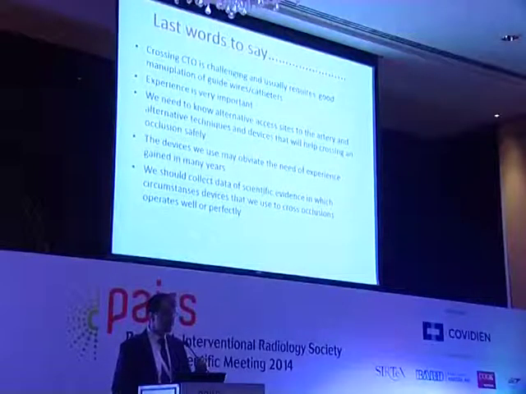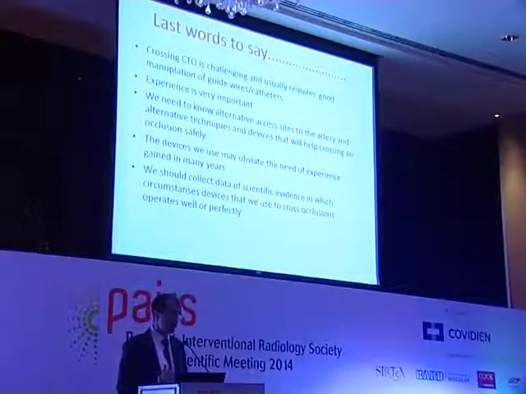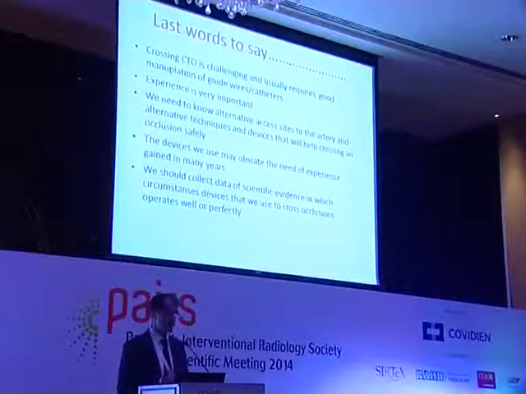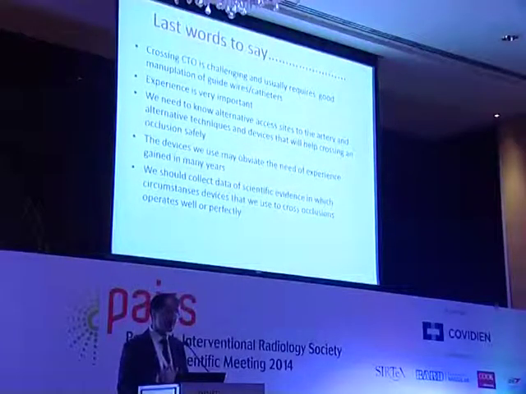The devices we use may obviate the experience gained over many years, but the scientific evidence on alternate sites or crossing devices is scarce. So we need to collect data on those to know when to use these alternate routes or these devices. When they are perfect, we will see them.